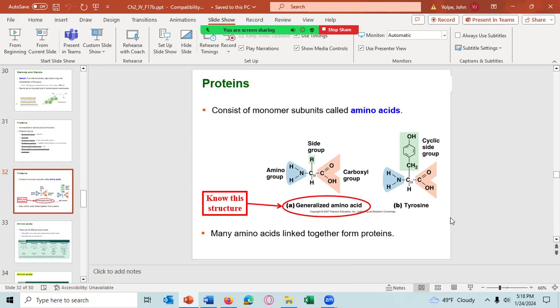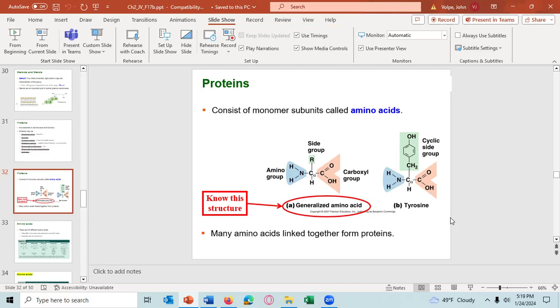Why proteins are more diverse than any of the other biological molecules is mainly because proteins are made up of more monomers. You have a handful of different monomers in carbohydrates, and a handful of different monomers in lipids as well.